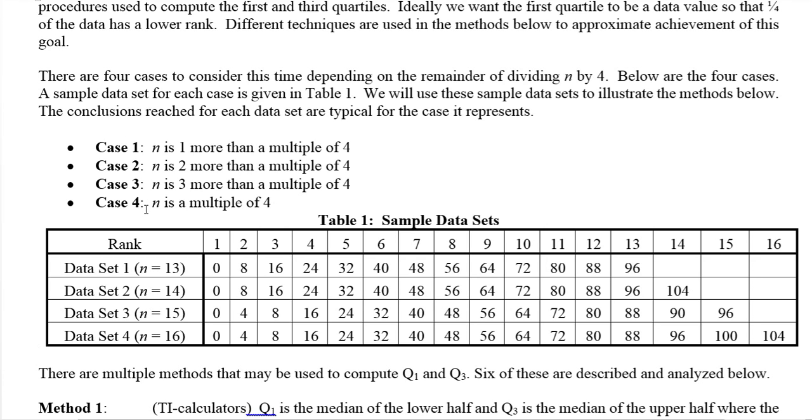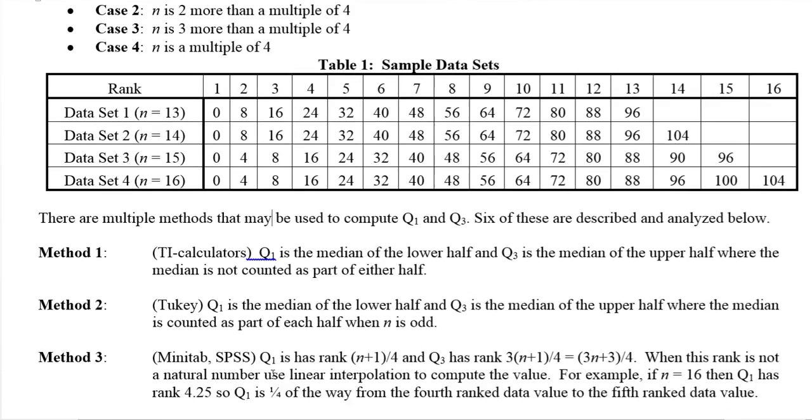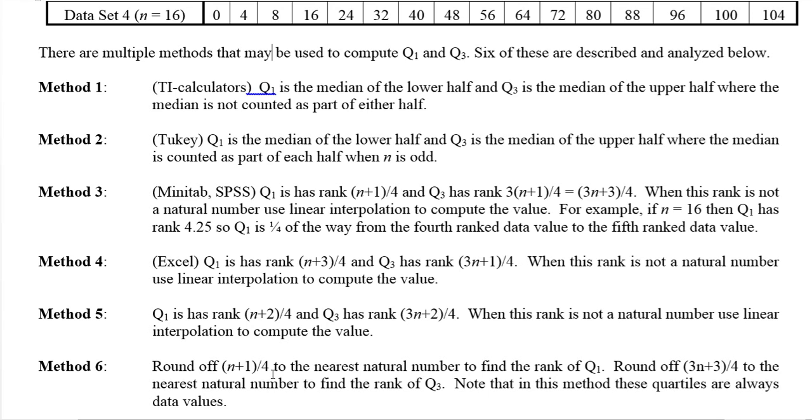Now, there are multiple ways that we could do it. I'm going to describe 6 of them right here. What the TI calculator does is this. Q1 is the median of the lower half, and Q3 is the median of the upper half, but we do not count the median as part of either half.